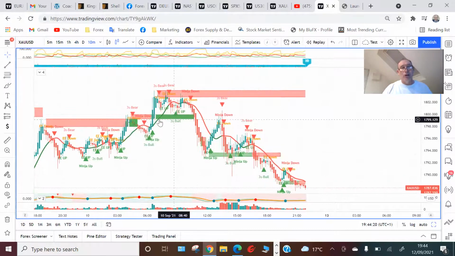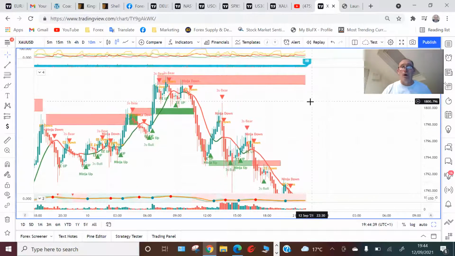When price is up at the red zone, we're potentially looking for it to come down to a previous or future green zone, depending on what's been previously. So that's the first thing, step one.